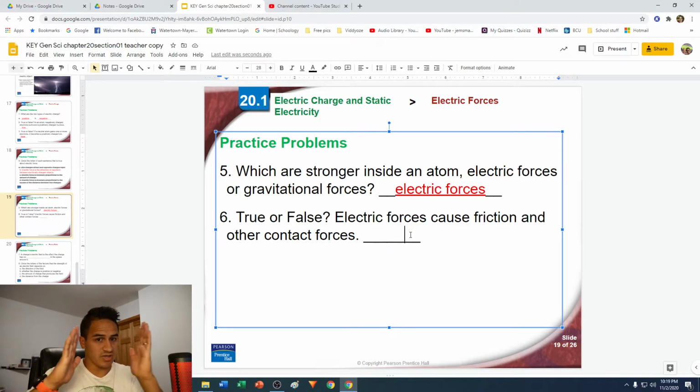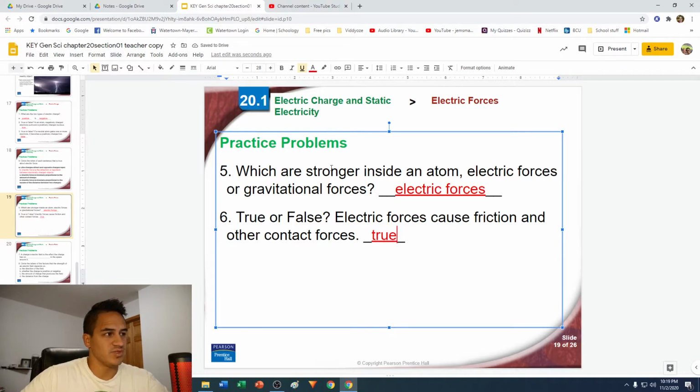When you touch something, right, when you contact something with your hand, what's happening is the atoms are getting close enough to the point where the electrons on the outsides are repelling each other because they're both negatively charged, and so you can't go any further. So technically, yeah, all forces are caused by electric forces because all matter is made out of atoms with electrons and protons, and yeah, they cause all forces.